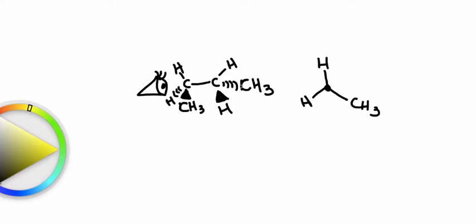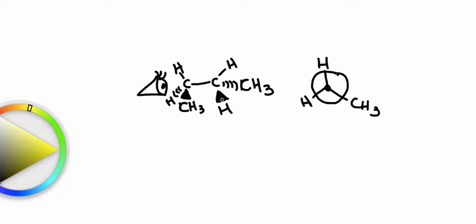Now, how do we actually represent these groups right here? Well, we're actually going to go ahead and draw in a circle right here. And that's essentially going to show us that we're going to have these groups coming out, right?